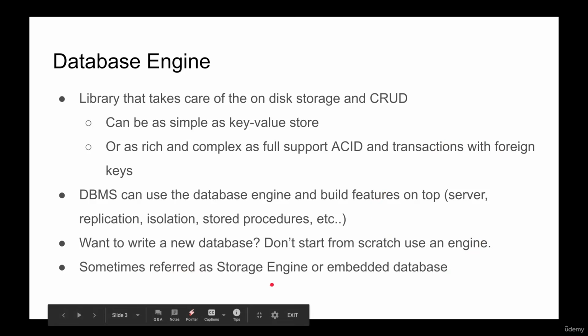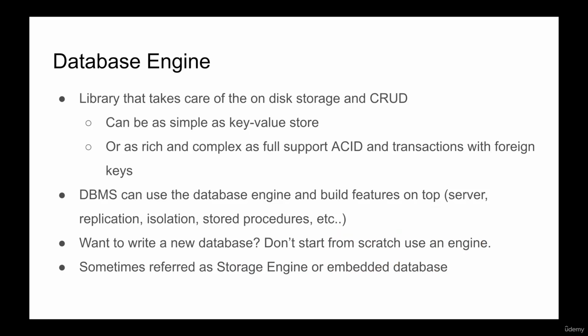Sometimes referred to as a storage engine or embedded database, as we talked about, right? Embedded database means you can take it as it is and run it in your software, you can run it on your laptop immediately, directly. There is no client and server connection, right? It's a single library that you import in your code, and once you spin up your software, it just exists, right?